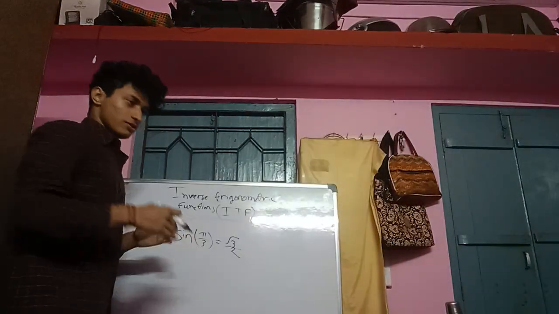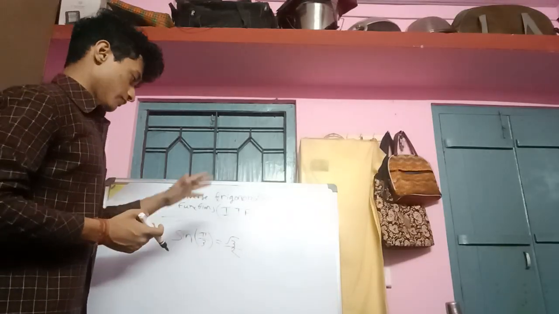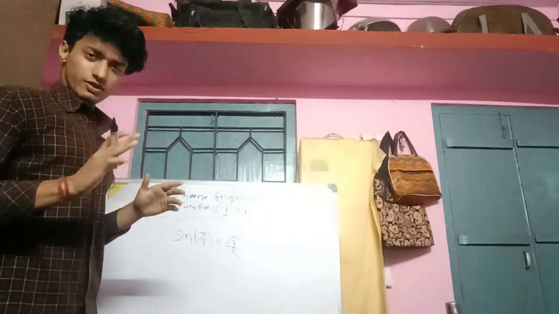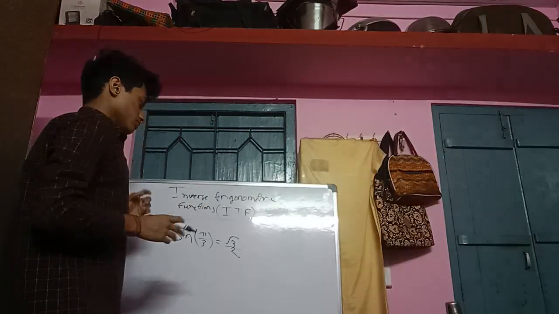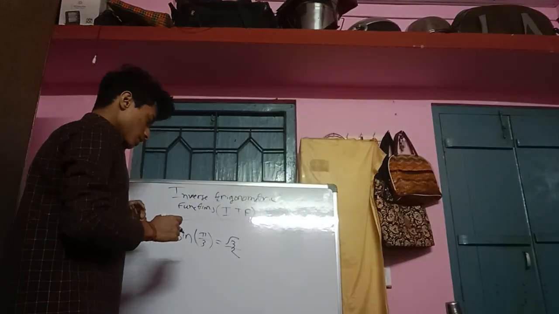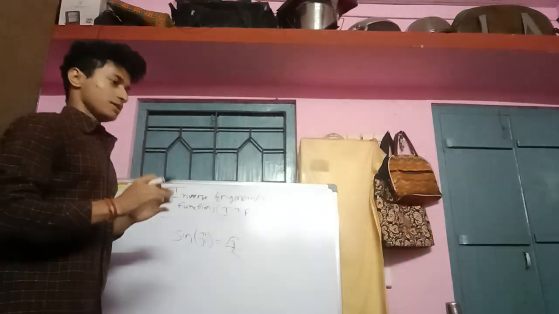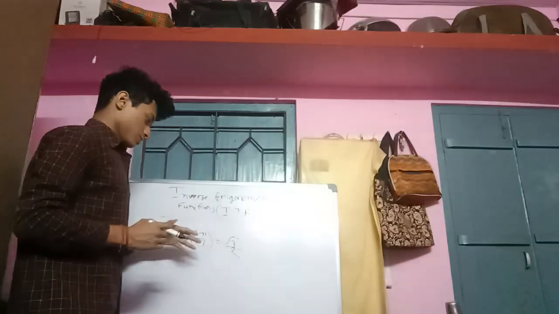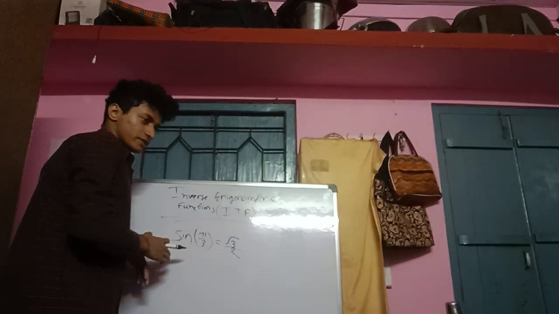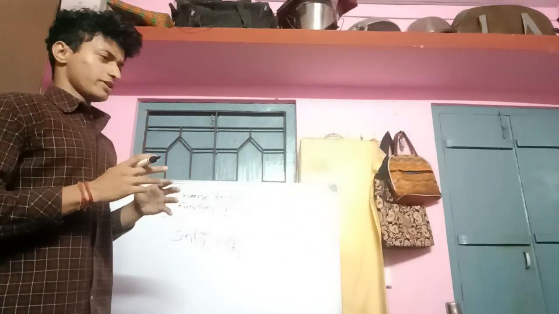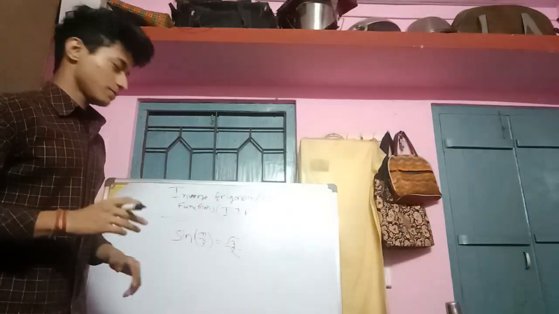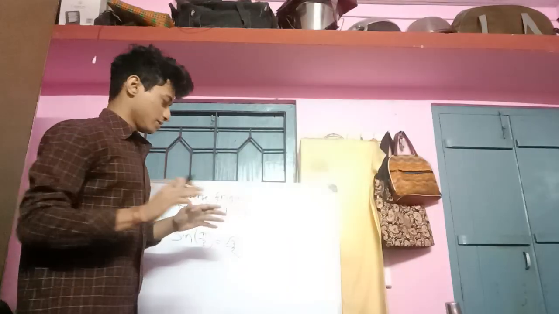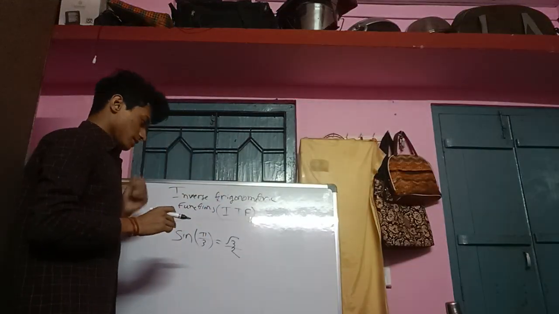I'll assume that you guys already know what functions are and what is the domain and range of a function. But don't worry if you don't have any idea of that. I'll go through that again. So the domain is a list of possible inputs that the function can take. For example, a trigonometric function can take any real input and turn it into something. And this is basically a very brief overview of what domain and range are.